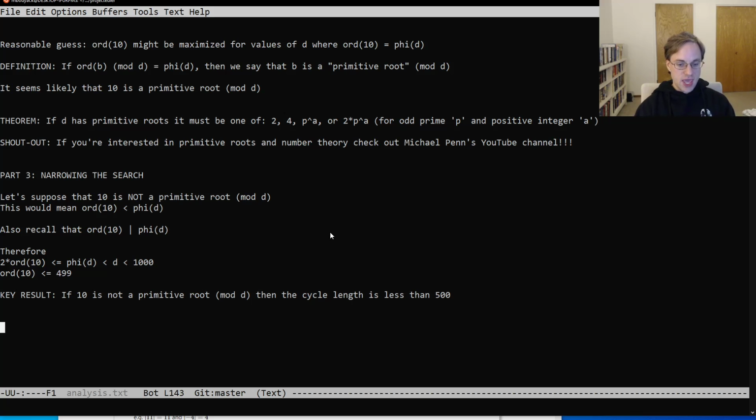Now let's consider the case where 10 is a primitive root, but it's of the form 2 times p to the a. You'll recall from our theorem up here, we have these different cases for numbers which can have primitive roots. We're not interested in 2 or 4. Those are divisible by 2, which we've already ruled out.